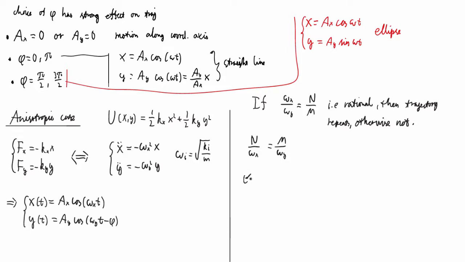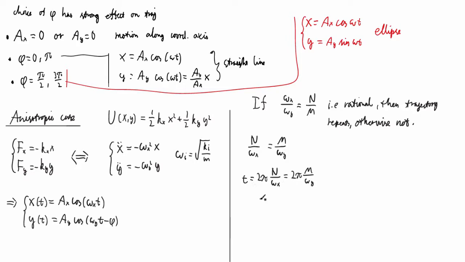Now let's pick a time, t, such that t is 2 pi n over omega x. So the time is 2 pi times n over omega x. We're perfectly able to do that. Now n over omega x is m over omega y. So this is also equal to 2 pi m over omega y.